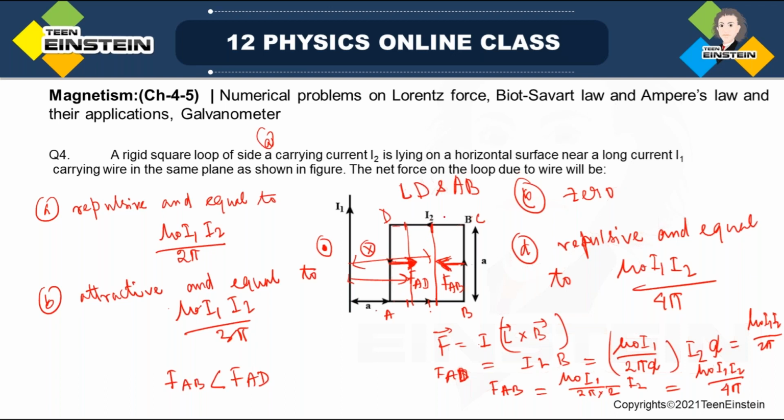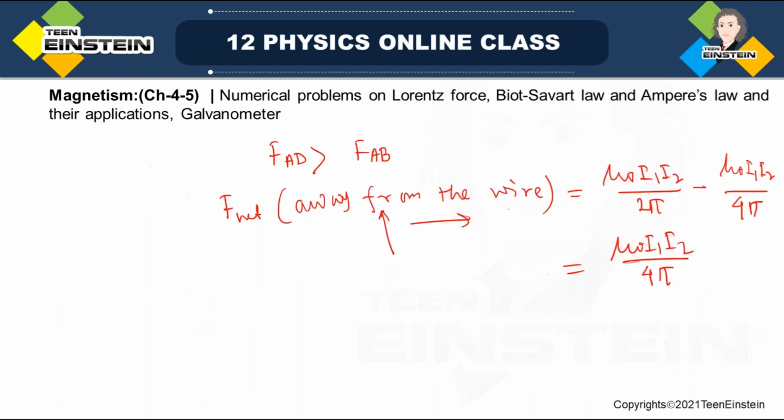The magnetic forces will be in this way and this way, both equal in magnitude, and they will cancel each other. See this, this was the CD wire and this is AB.